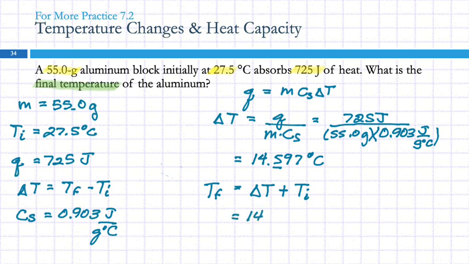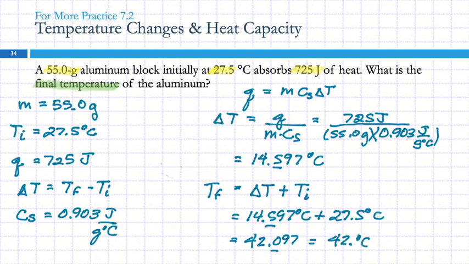So 14.597 degrees Celsius plus 27.5 degrees Celsius. Calculator says 42.097, and so we're going to call that 42.1 degrees Celsius.